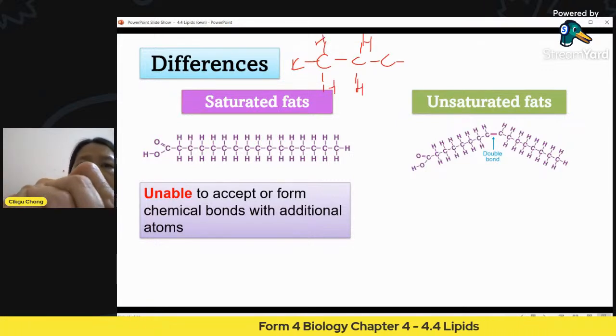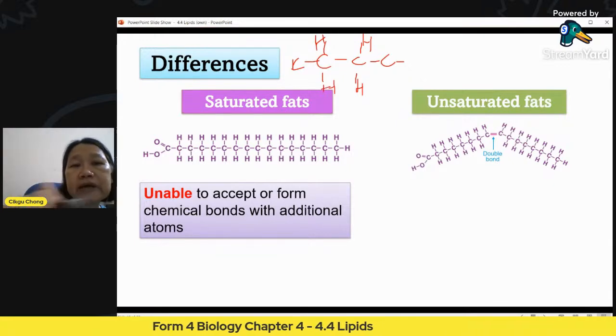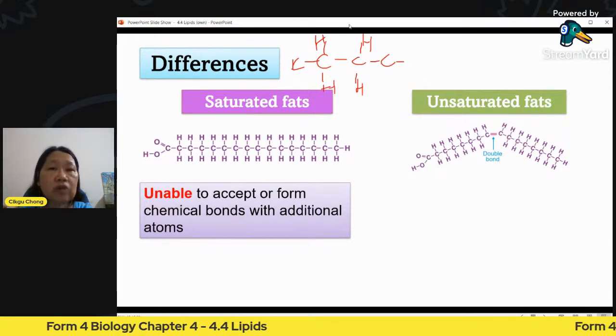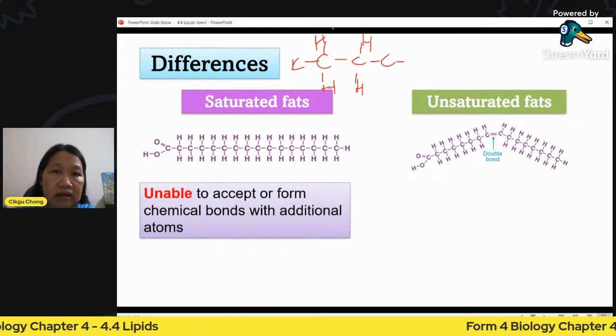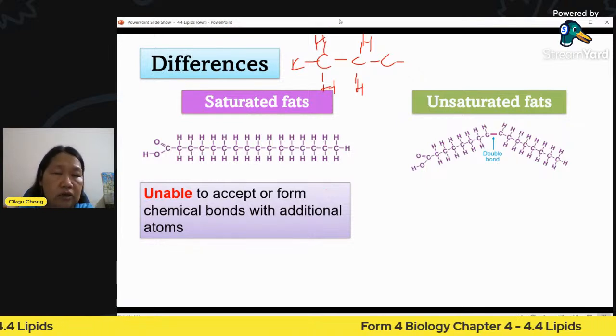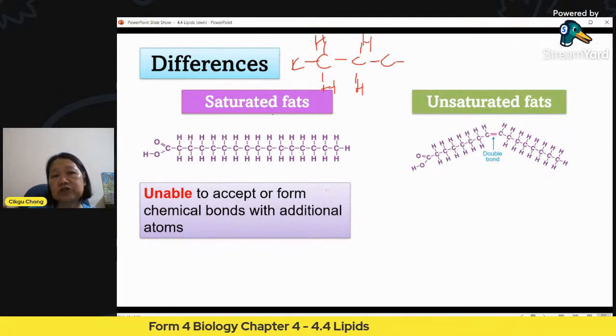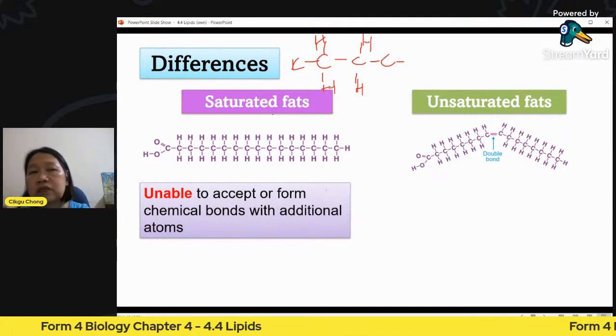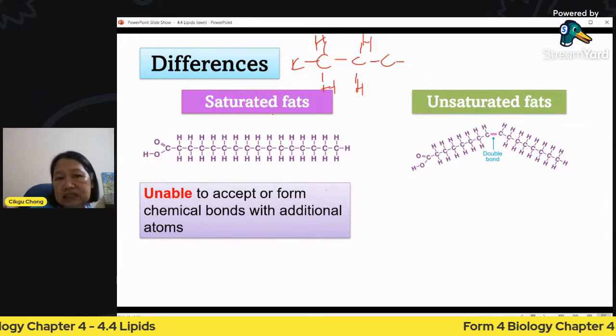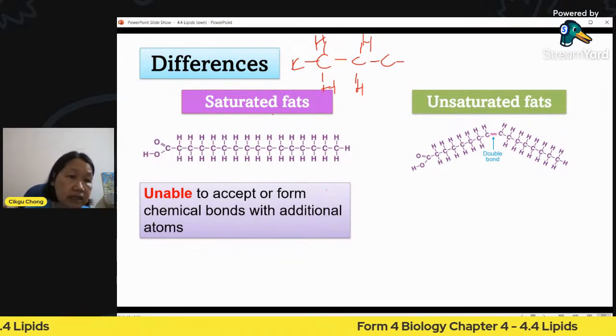There's no way to add in any more atom. So you cannot break it down further. You cannot break down your saturated fat into smaller molecules that you can mobilize, so it's unable to accept.